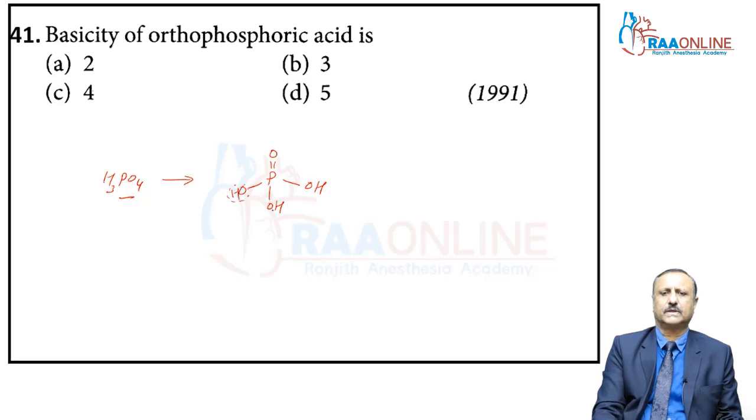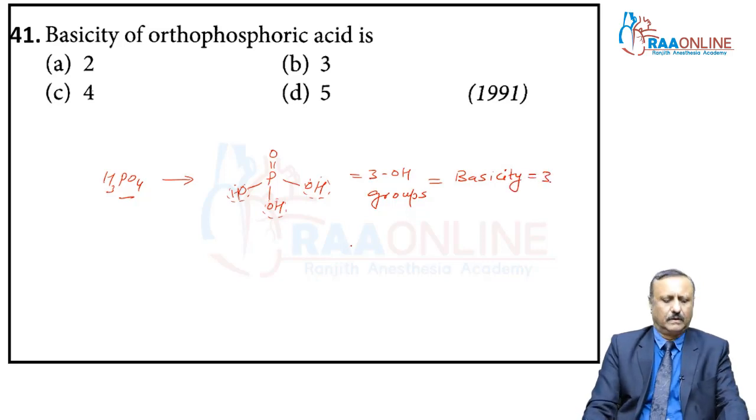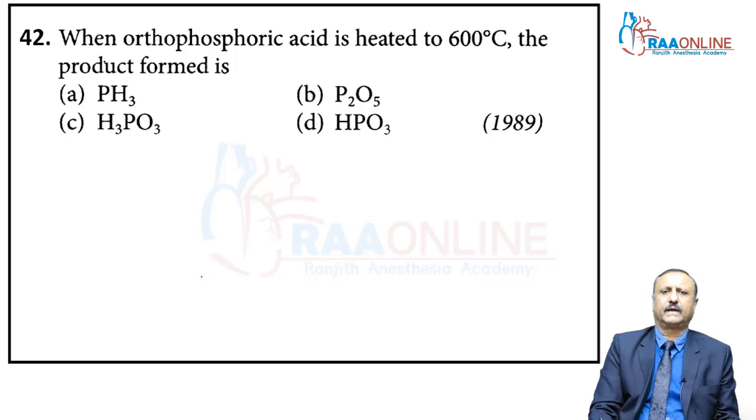When, in oxoacids of phosphorus, 3 OH groups are present, it means the basicity is 3. So basicity is equal to 3.